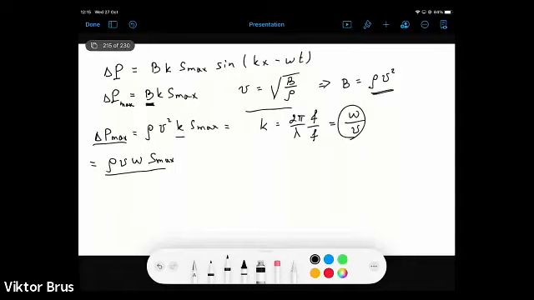So that's why we can express delta P with this as the maximum, like the prefactor before sin(kx minus omega t). Okay, now we have this, and we can proceed further in derivation of intensity of periodic sound wave.